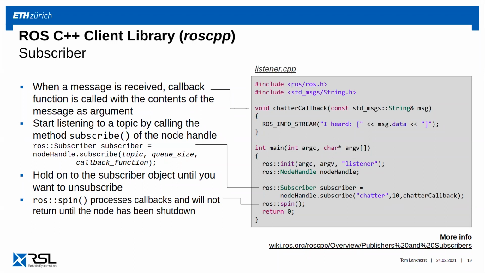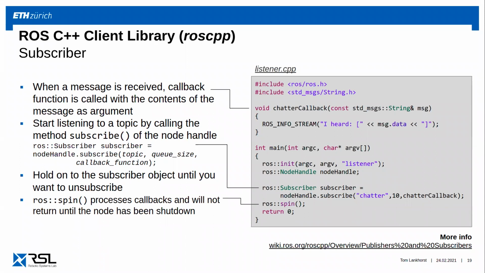However, in most cases, that should not be the case, or that might indicate an issue with the processing, with the consumption and the production of messages. We would recommend a value in the order of 10 messages. The third argument to the node handle subscribe call is the actual callback. In this case, it's chatterCallback.